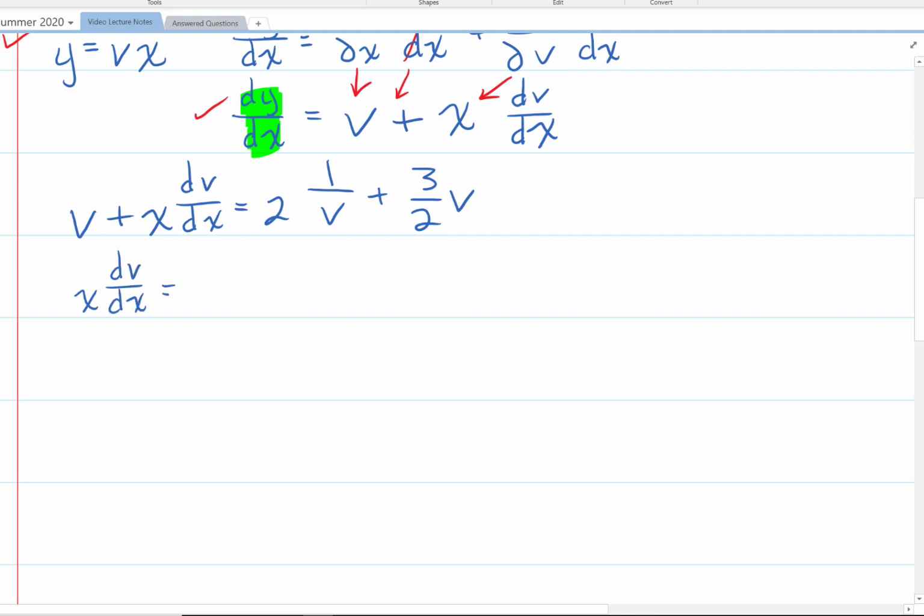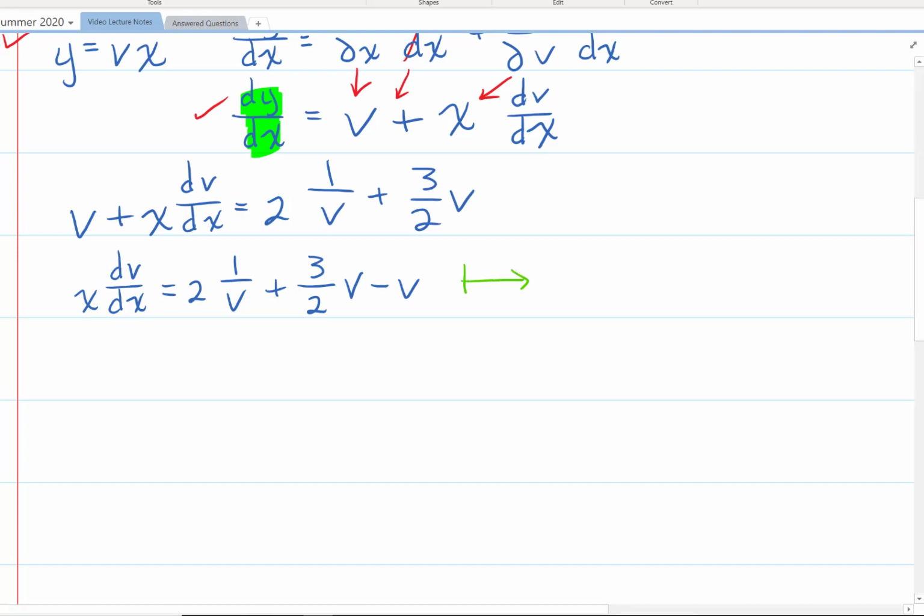That's what all of the differential equations we've dealt with have looked like. Okay, so we've got that right there. And we'll put that there to remind us to go this way.